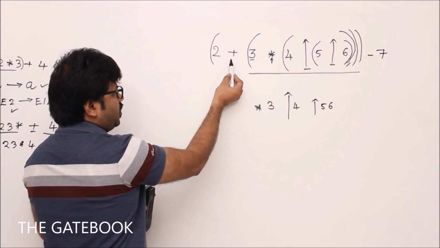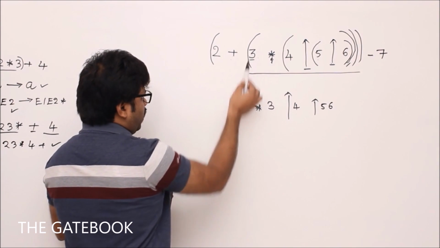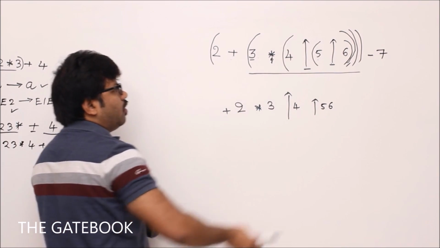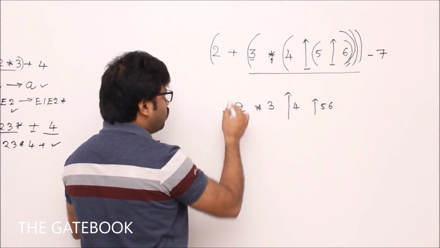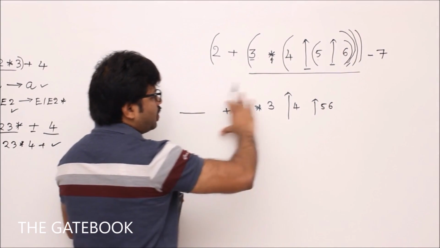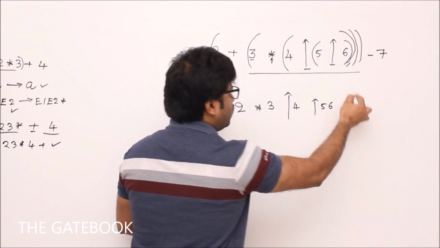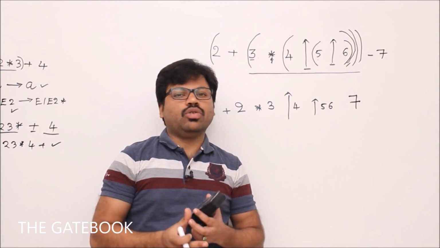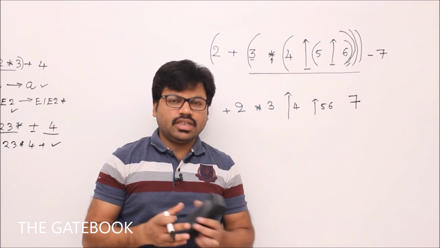Then plus 2 plus something, then plus 2 that something. Now the final one is minus. You have something minus something. How to do that? Minus something, the second something 7. So in that way we can easily convert any expression to prefix, isn't it?